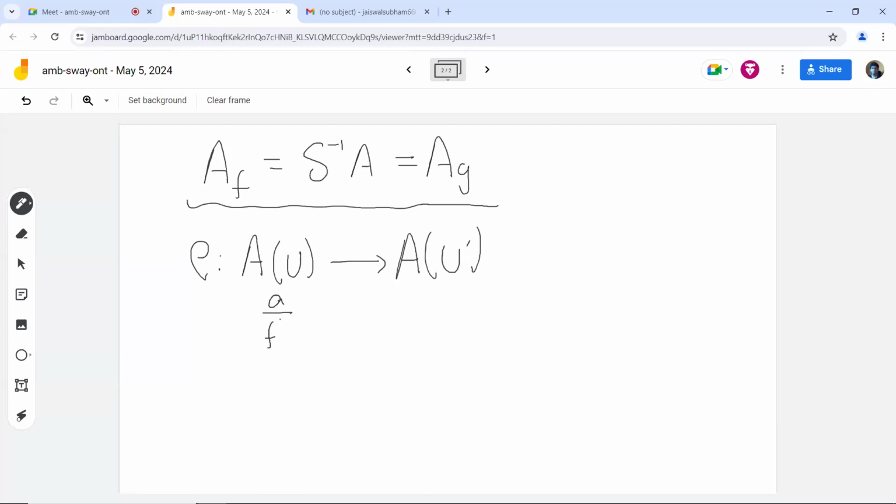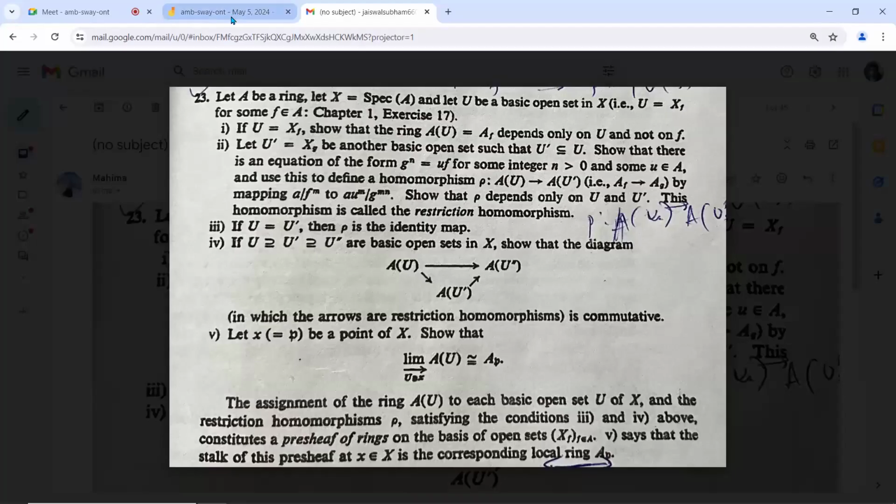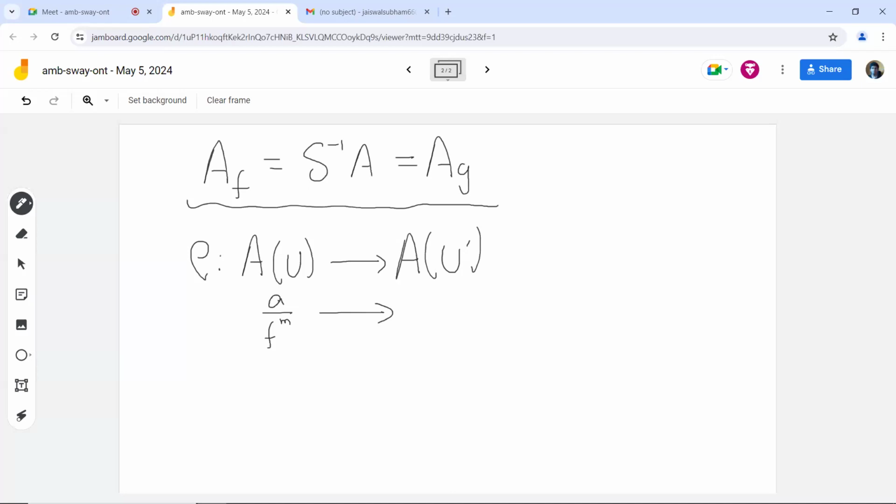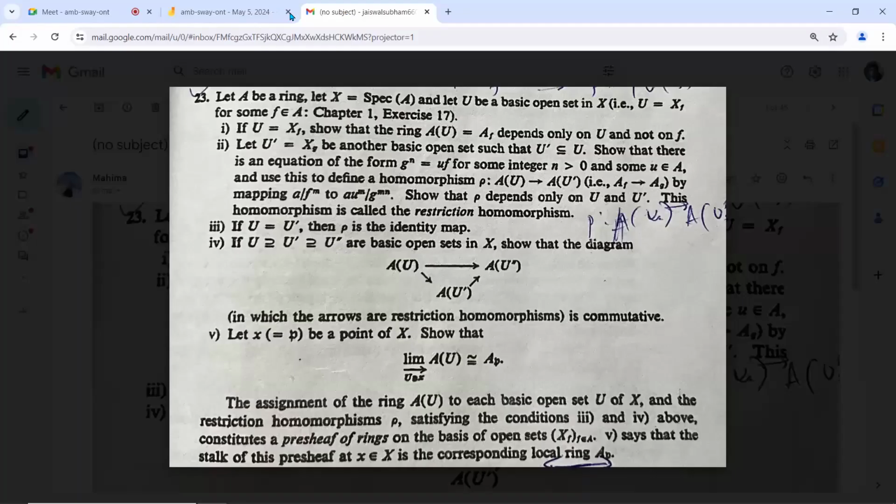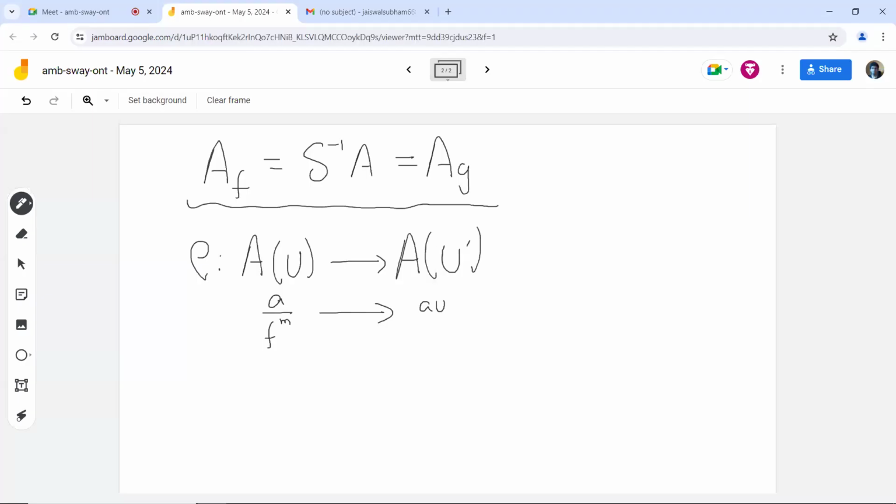So writing it once more, we have this, and this goes to AU to the power M, G to the power Mn, where we had this thing.